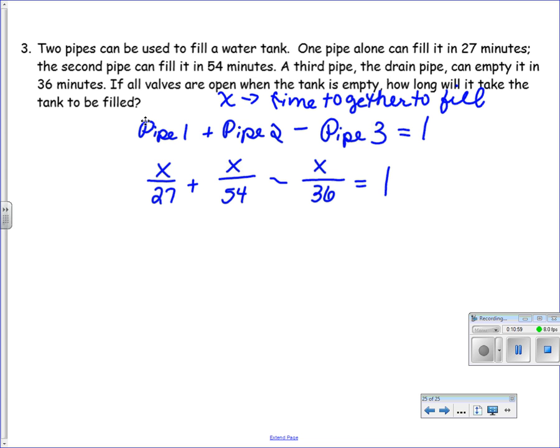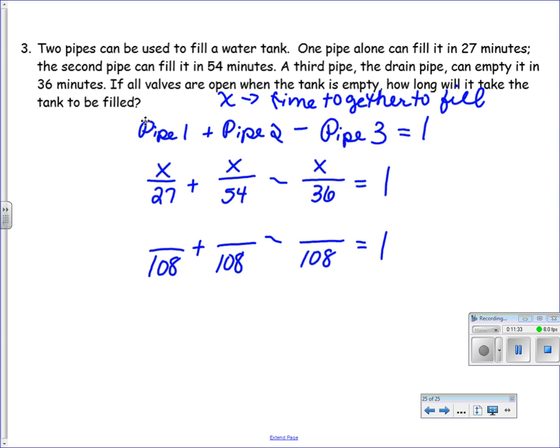36 does not go into 54. So we need 108 as a common denominator. Because when you first look at it, 27 goes into 54, but then you have to think about the 54 and the 36, and 108's the best because 54 times 2 is 108, and 36 times 3 is 108.